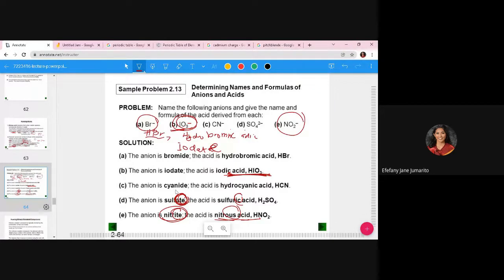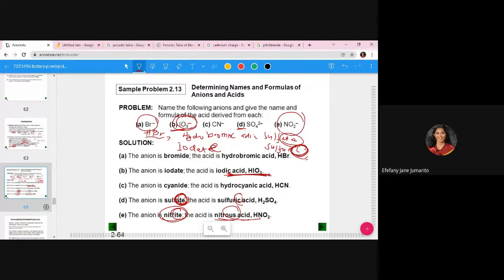Then we also have letter D, sulfate. For sulfate, the ATE changes to IC. We name it sulfuric acid.